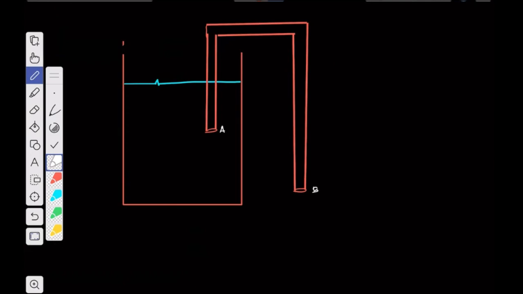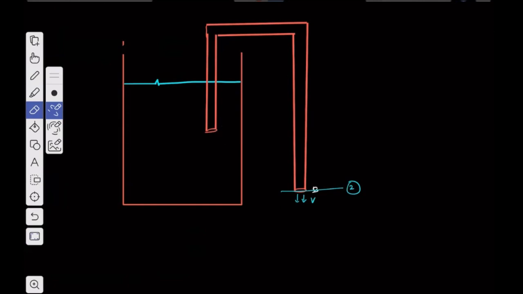One will be the cross section where the fluid comes out with suppose speed V just outside the opening. This is cross section number 2. And here I'll consider this as our cross section number 1.